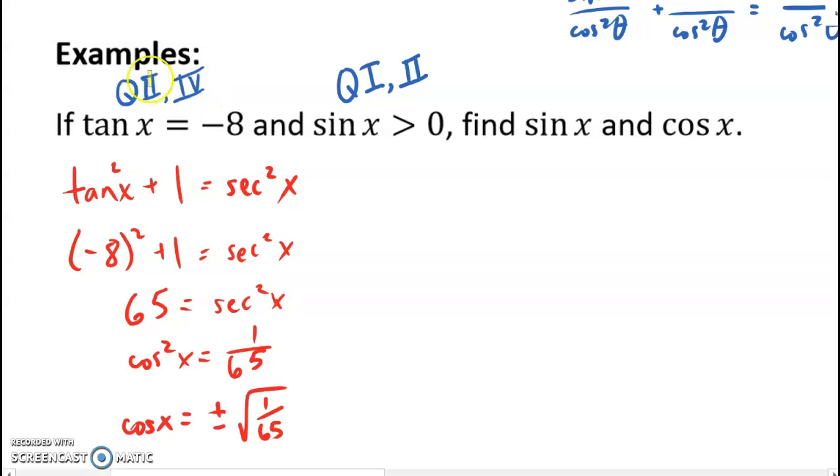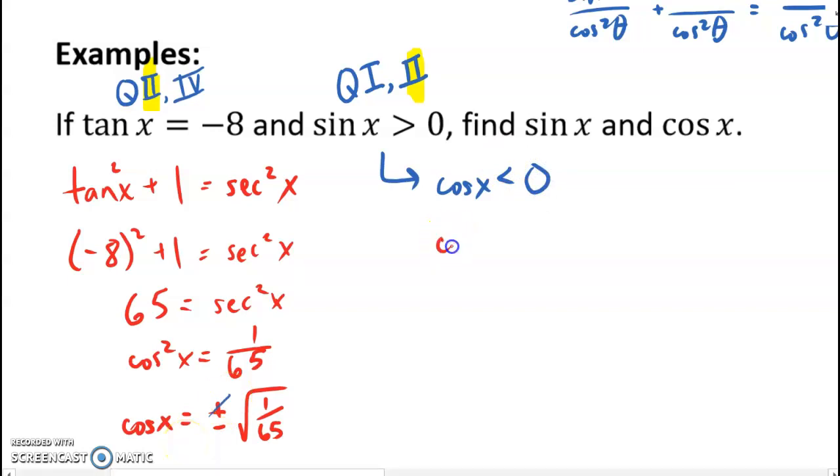So given those two pieces of information, the only overlap is quadrant 2. That means not only do we know that the sine of x is positive, we also know that the cosine of x is negative. So we do not want to consider the positive version of this answer.